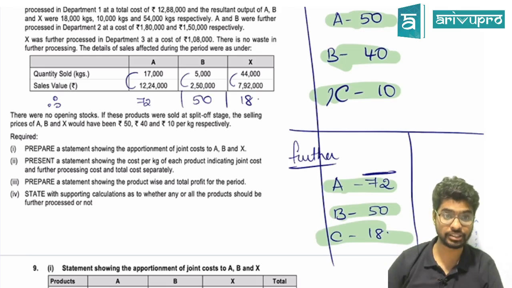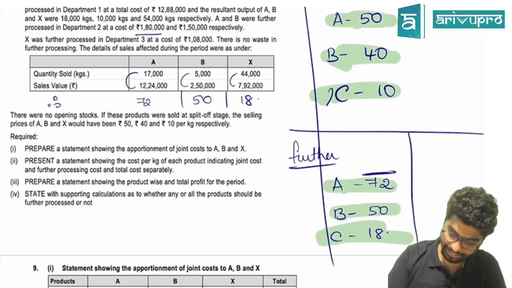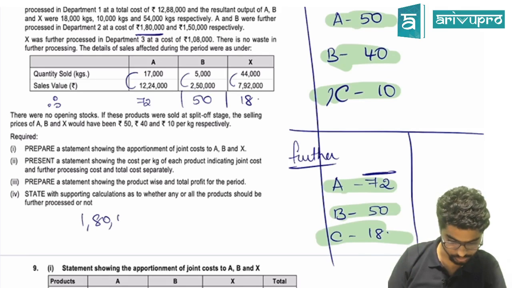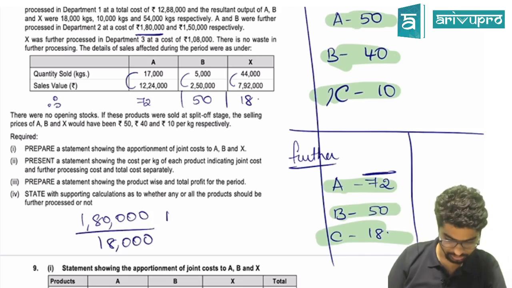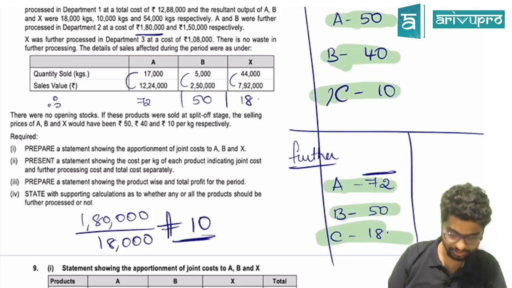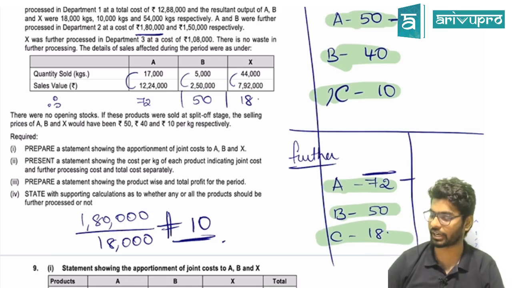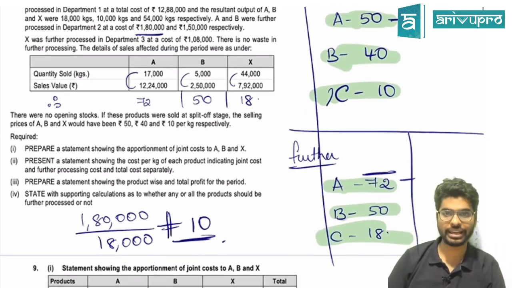What is the cost? They are saying 1,80,000, right? 1,80,000 for 18,000. That is, you have to incur additionally 10. See, between A, what is the additional profit that you are getting? For A, what is the additional profit you are getting?